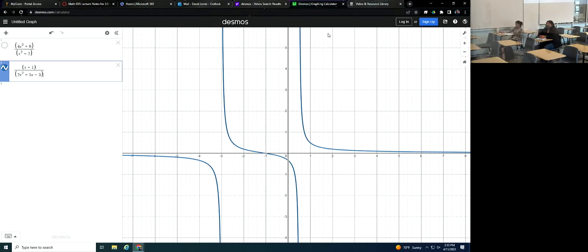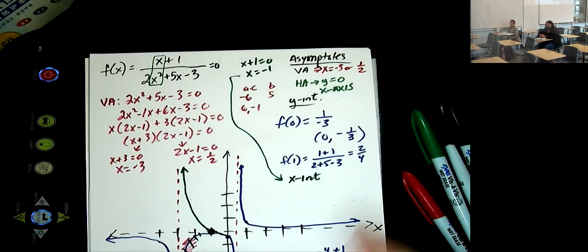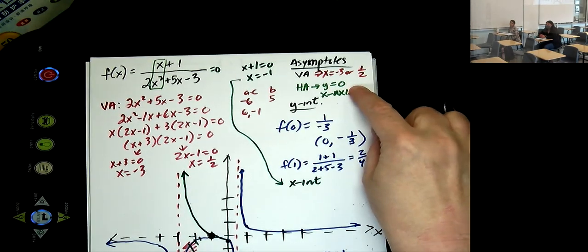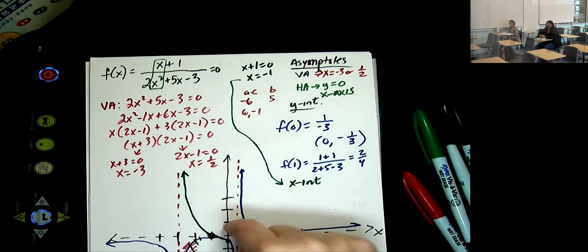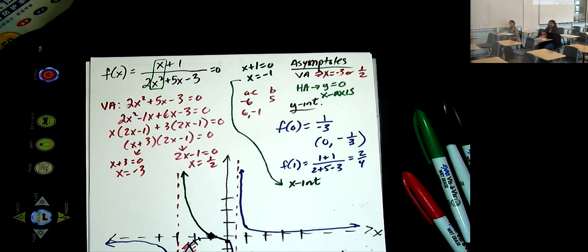So what's the lesson there? Double check your work, and just because we have a horizontal asymptote doesn't mean it never crosses it. We never cross a vertical asymptote, but the horizontal asymptote is only true when x goes to plus or minus infinity. We don't cross it way out there, but somewhere in the middle of the graph, we can cross it.